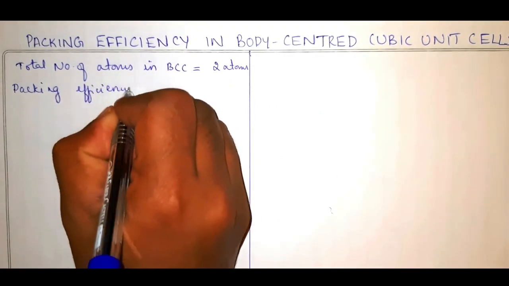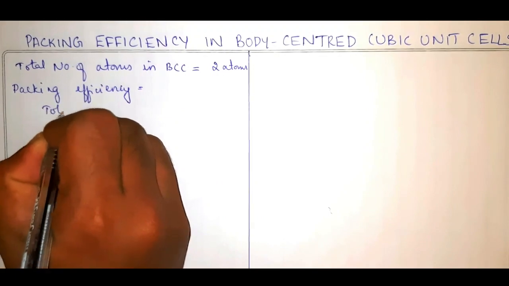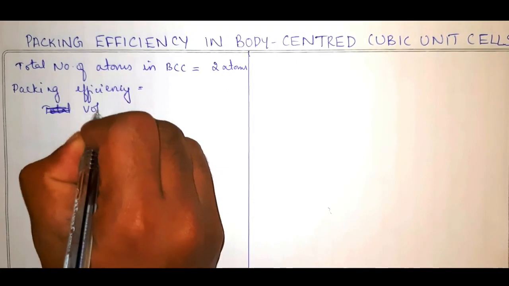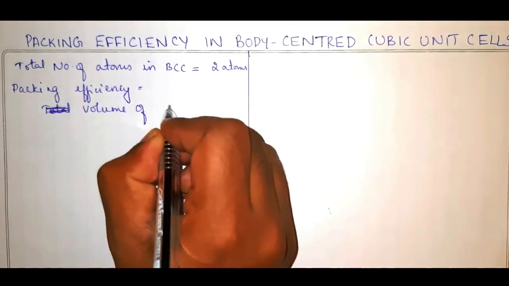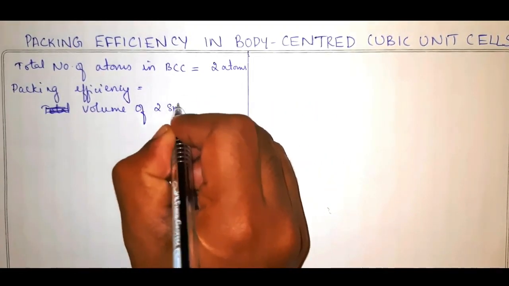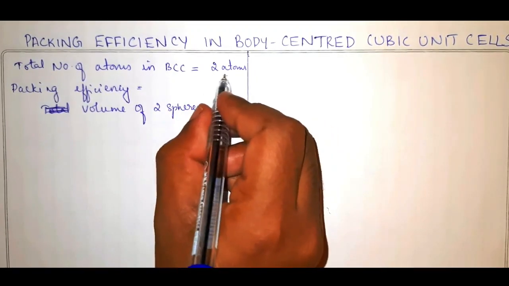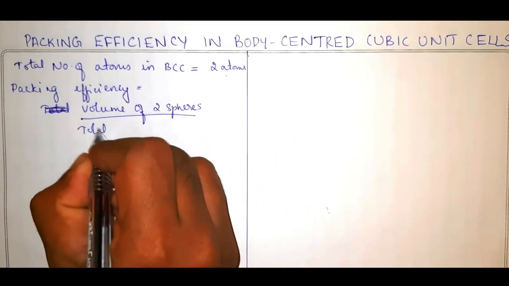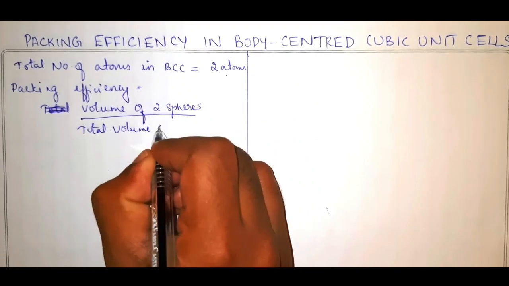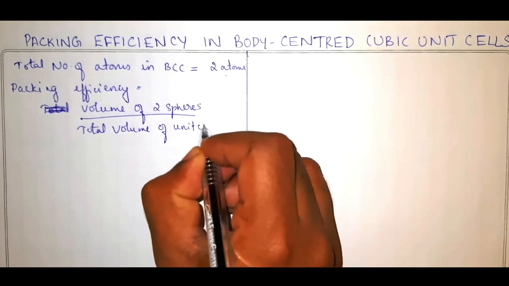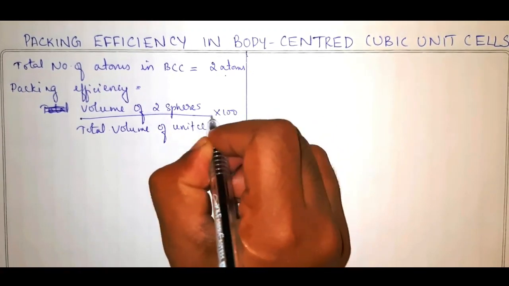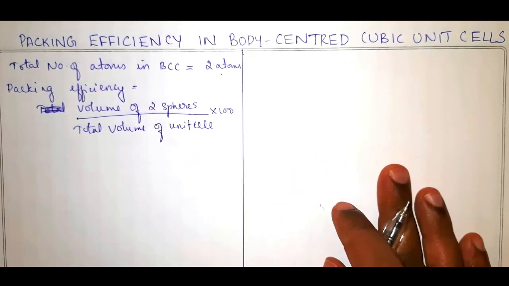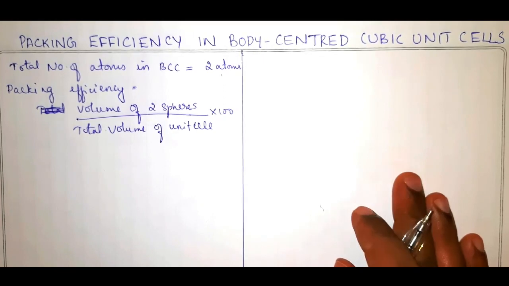Packing efficiency is given by volume of 2 spheres, because here 2 atoms are present, by total volume of unit cell, into 100. So this is how you find the packing efficiency of BCC.